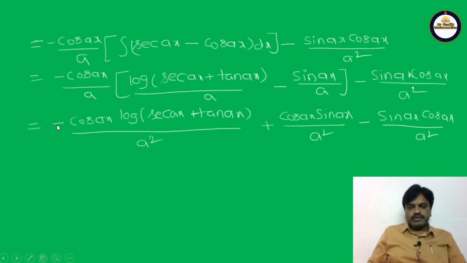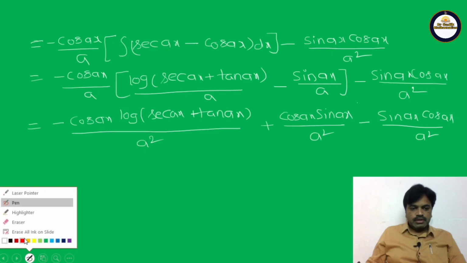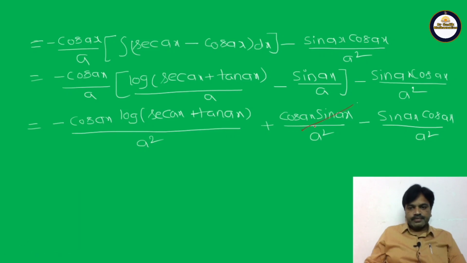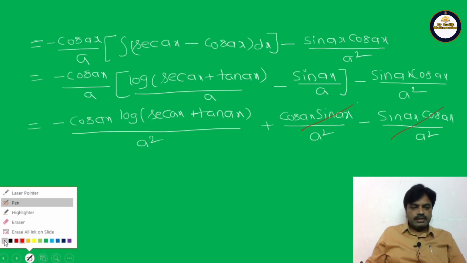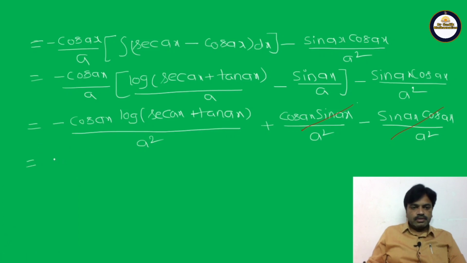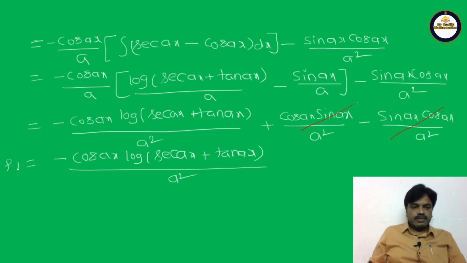If you observe these two terms, we have a plus sign here and a negative sign here, so these two cancel. So finally we got the particular integral as minus cos ax log of secant ax plus tan ax divided by a square. This is the particular integral.